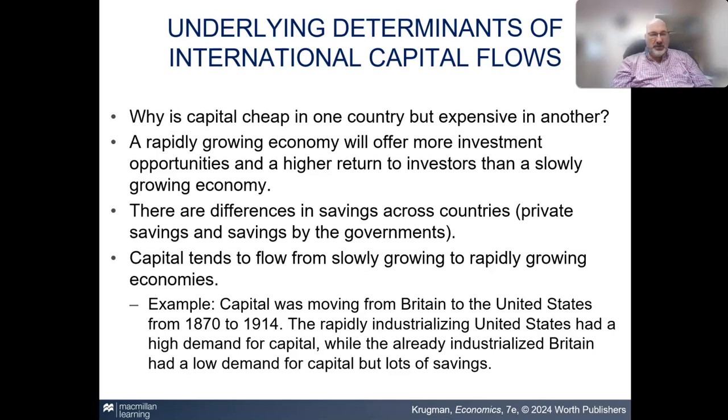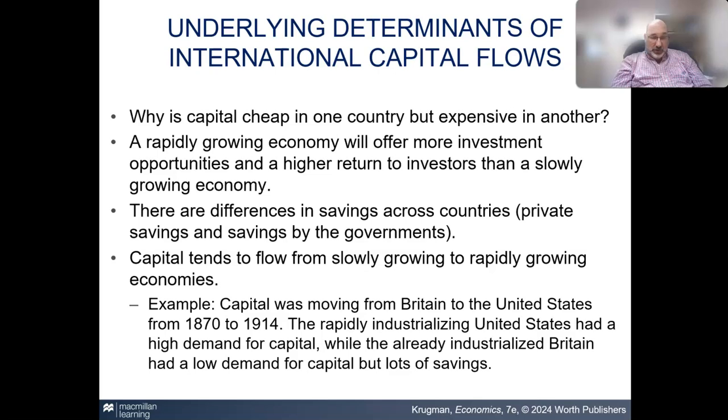Why would capital be cheap in one country but expensive in another? A rapidly growing economy will offer more investment opportunities and higher return to investors than a slowly growing one. There are differences in saving across countries, so private savings and savings by the governments. So capital tends to flow from slowly growing to rapidly growing economies.